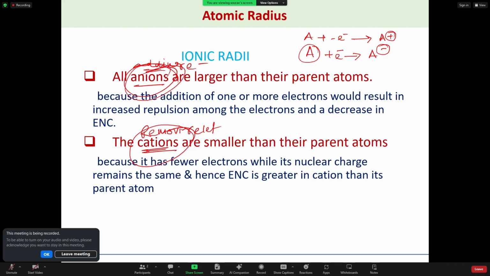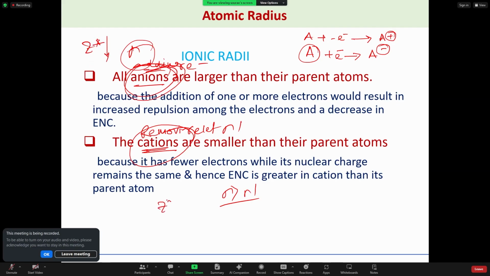So for the anion case, the shielding, this sigma value, will be greater, and here the sigma value will be less. When the sigma value increases for the anion case, then the Z star value, this effective nuclear charge value, will be less.